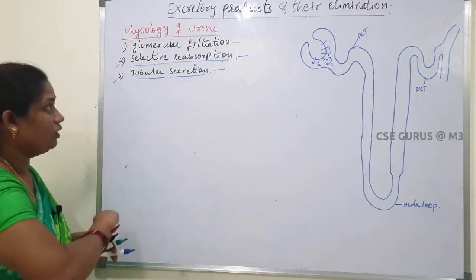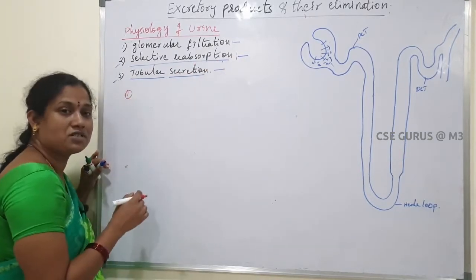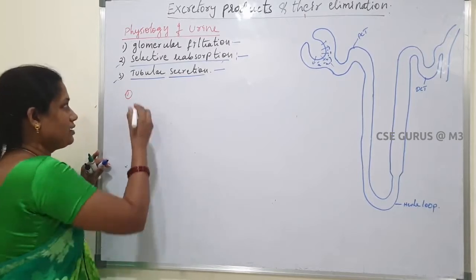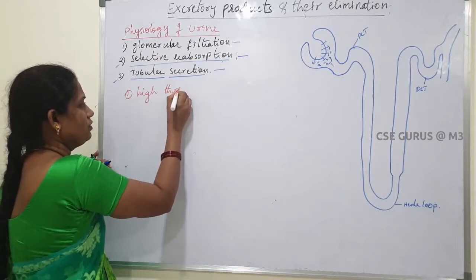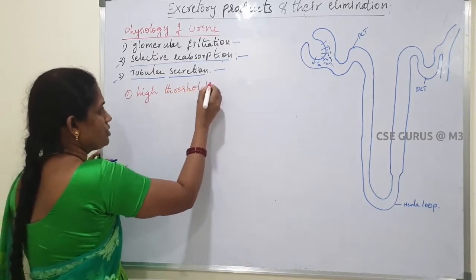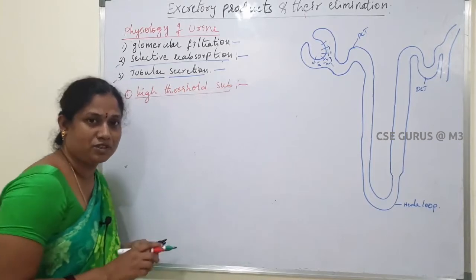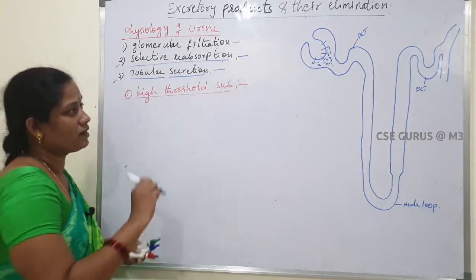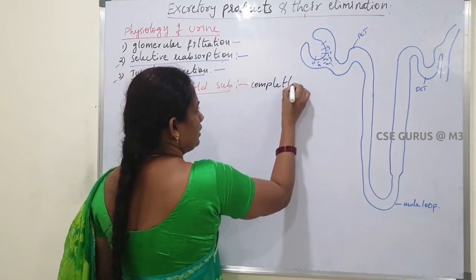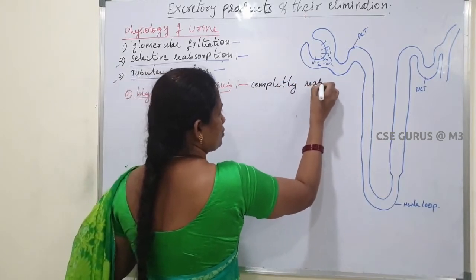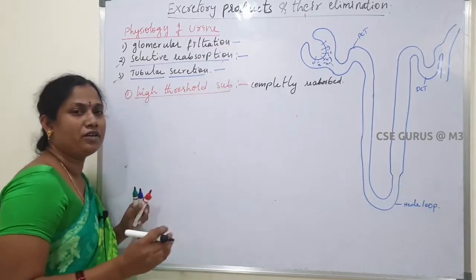Based on reabsorption, these substances can be divided into three categories. First, high threshold substances, which are completely, or 100%, reabsorbed into the tissues.